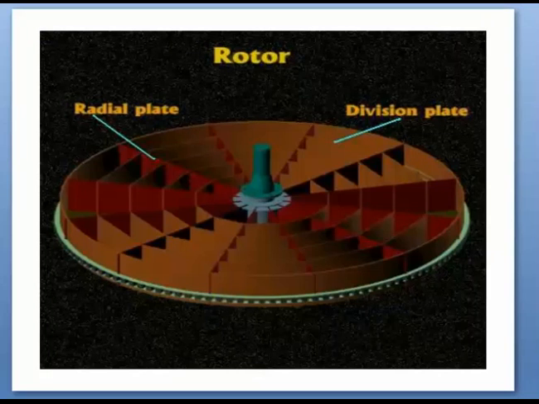Now we will see the constructional detail of the rotor. This is the trunnion pin. The total rotor is divided by radial plates. These are the radial plates, similarly here.